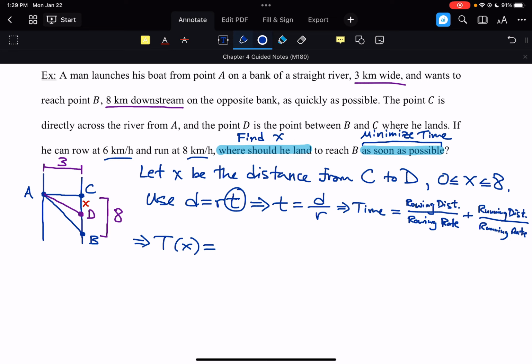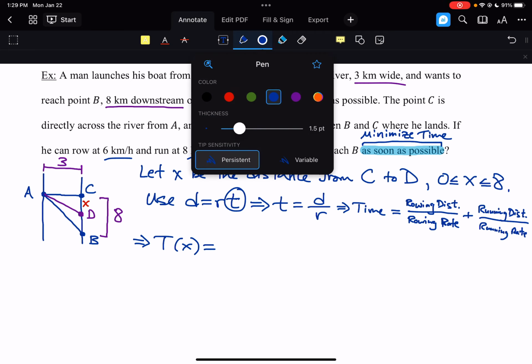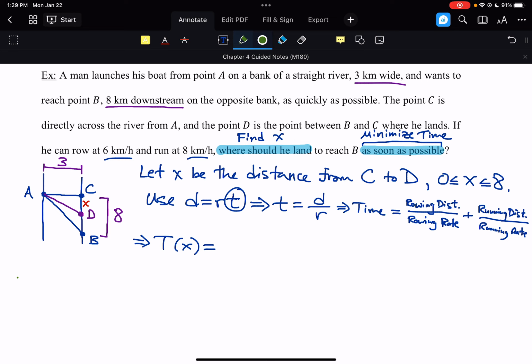The rowing distance, that's going to be this length right here. So if we have, that's A and that's C. We have this right triangle here. So this is our rowing distance. So I'll call it y if you like. But that's x, and we know this is the length of the river, that's 3.